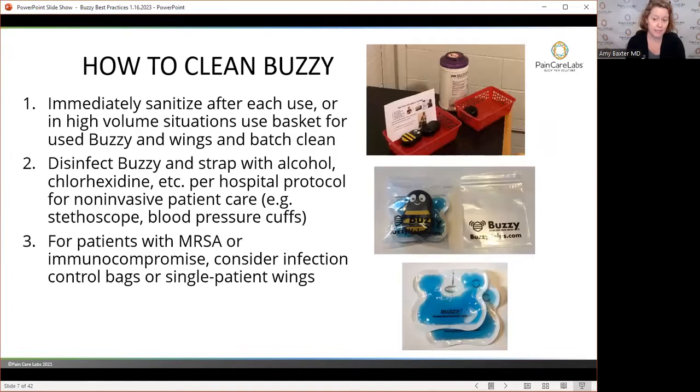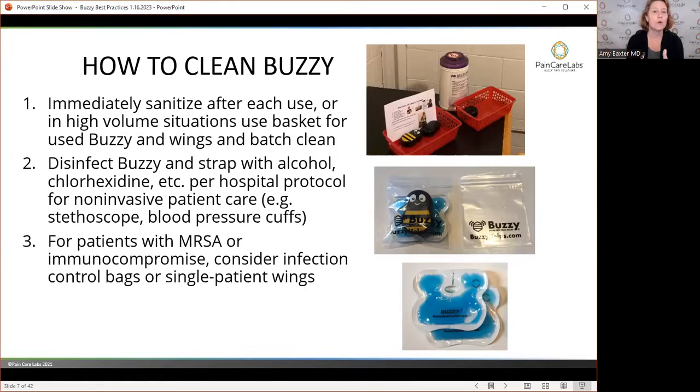Here's how you clean Buzzy. So really any kind of decontamination with chlorhexidine or alcohol or whatever your hospital uses is appropriate. Now, there are a couple different ways depending on whether this is a take it into the room with the person who's getting the injection and then take it out again, or if you're doing kind of an assembly line style. So you want to immediately sanitize it after each use. But in high volume situations, we've also had people who will keep the Buzzy units in a basket with the wings.